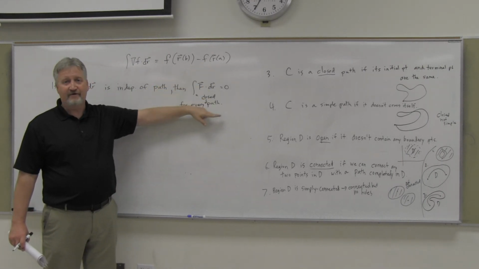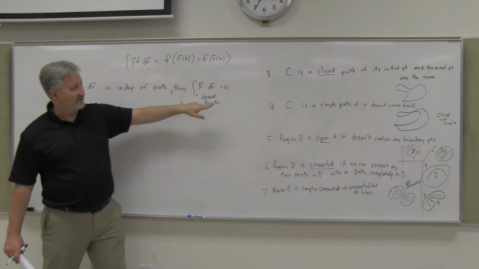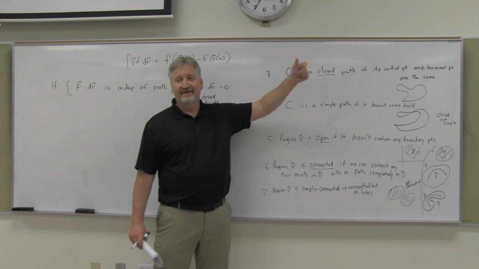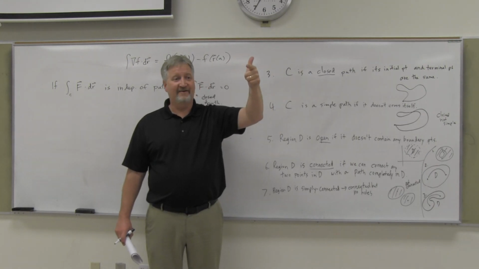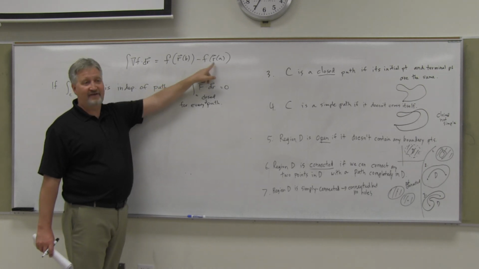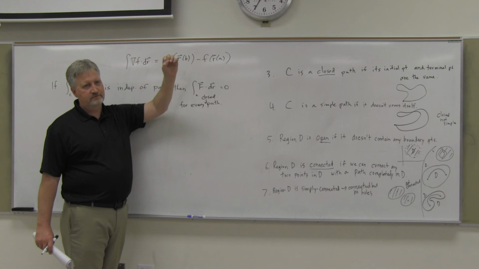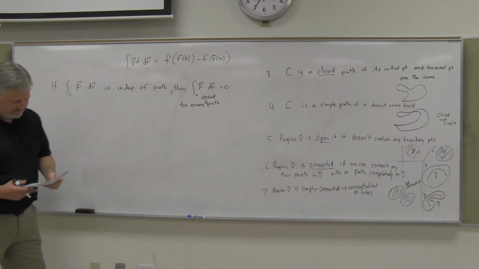So why is this 0? It's a closed path. What does a closed path mean? Initial point and terminal point are the same. So f evaluated at this point minus f evaluated at the same point is 0, isn't it? Okay.